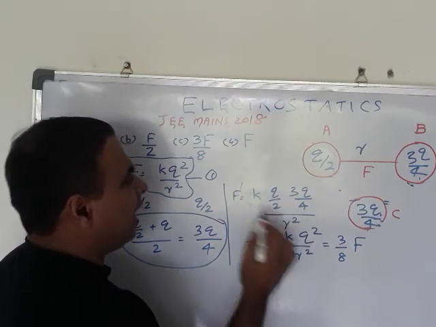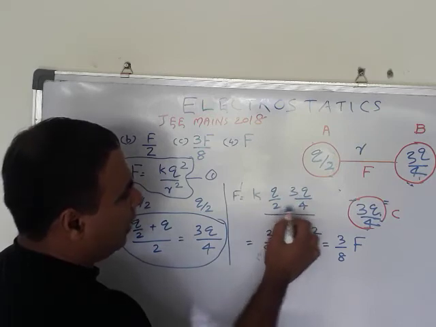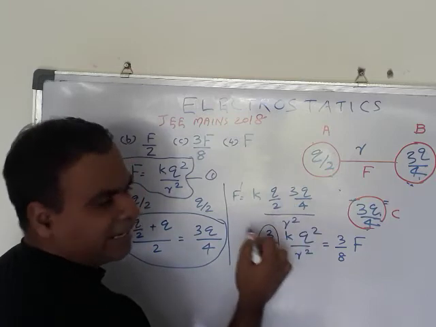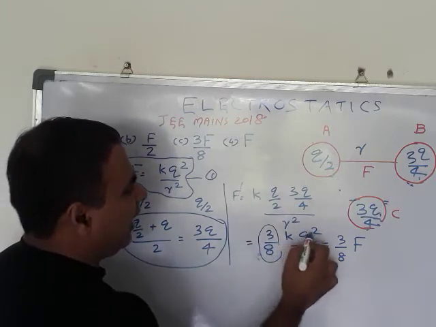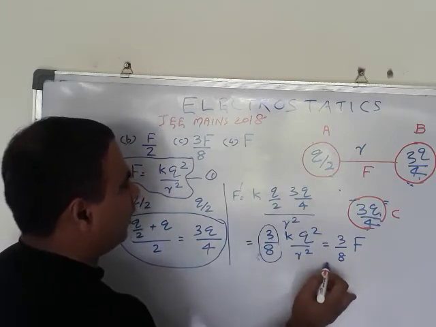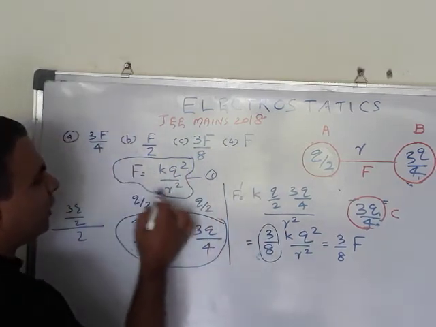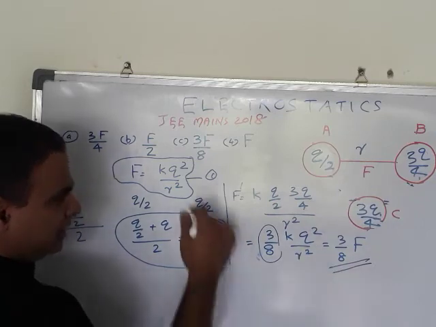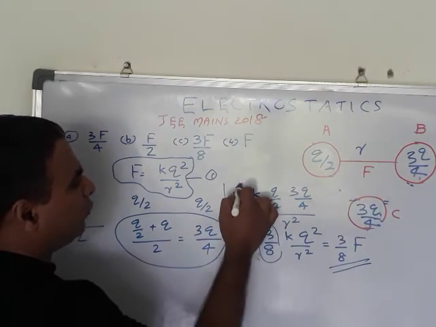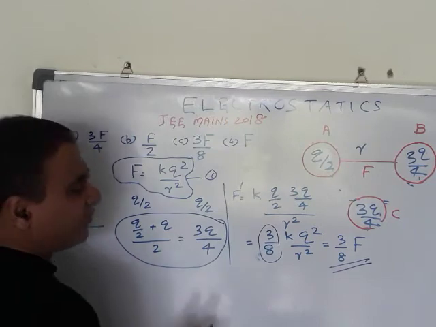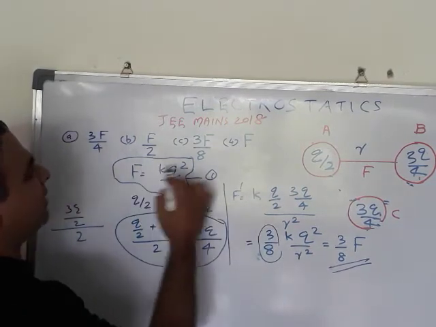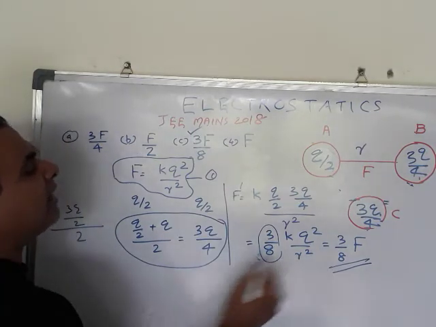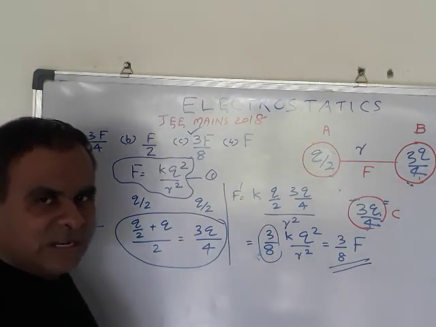Then it would be k into 3 by 8, 2 into 4 is 8. So 3 by 8 k q square by r square. k q square by r square is F. So it is 3 by 8 F. Then after this process, the new force, F dash, will be 3 by 8 F. So option C is the correct answer. 3 by 8 F. So you understood this.